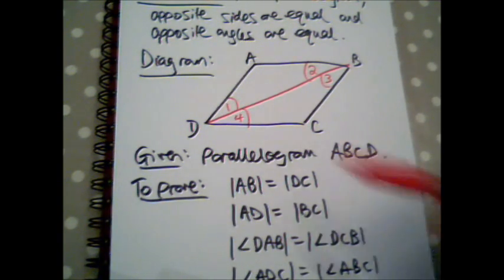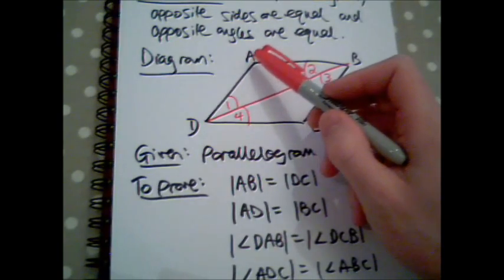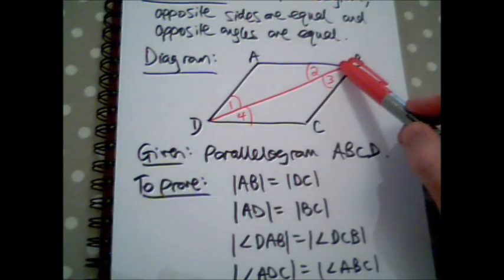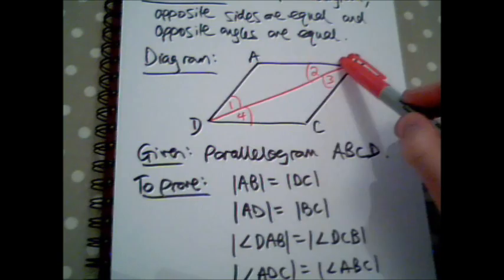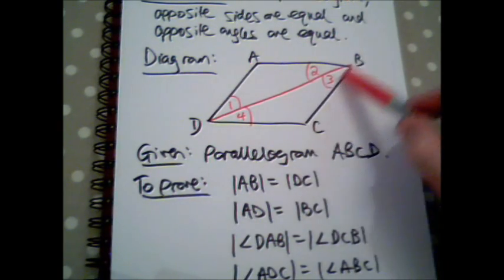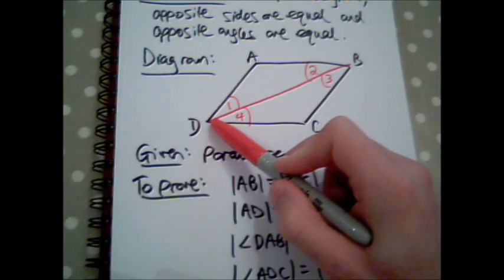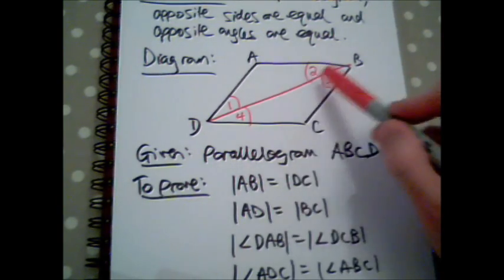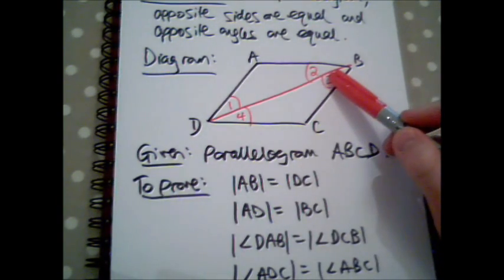And what we're going to show is that the triangle ADB is the same as the triangle CBD. So we're going to show that this triangle and this triangle here are congruent.